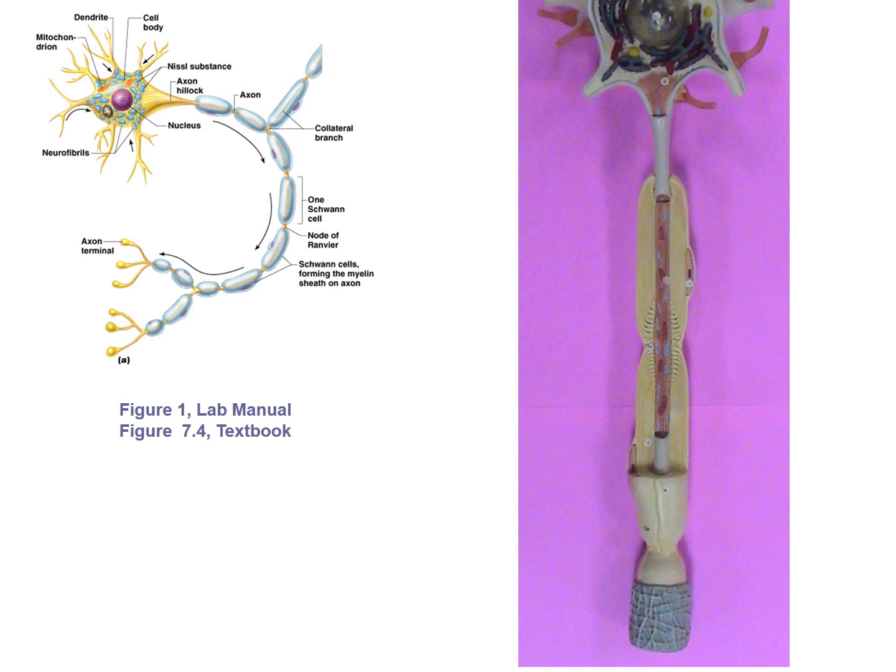Now, how will I distinguish Schwann cells versus myelin sheath versus an axon? If I point here and I ask you to identify or name the cell, then I'm asking for the Schwann cell. If, on the other hand, I point here and I ask you to name the white structure, then I'm looking for myelin sheath. If I point here between the Schwann cells and I ask you to identify the space, then I'm asking for node of Ranvier.